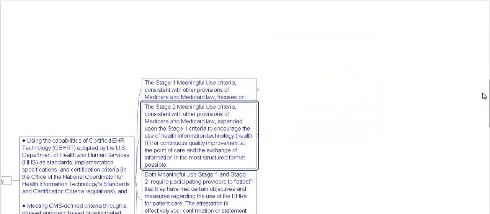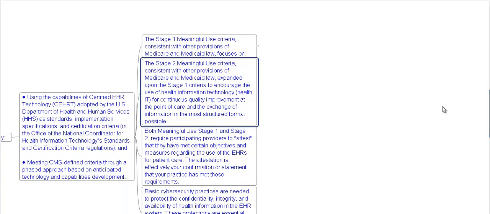Stage 2 meaningful use criteria, consistent with other provision of Medicare and Medicaid law, expanded upon the stage 1 criteria to encourage use of health information technology for continuous quality improvement at the point of care and exchange of information in most structured format possible.